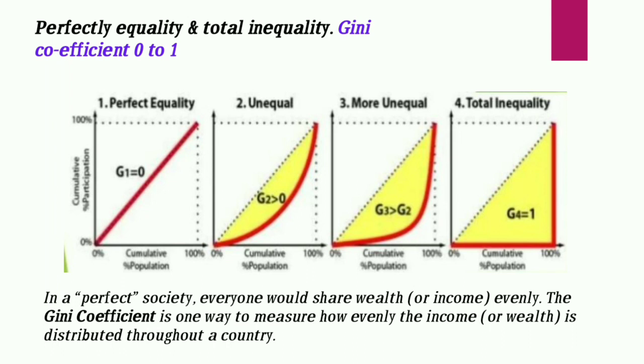The last one is total inequality, G4 is equal to 1. In a perfect society, everyone would share wealth or income evenly. The Gini coefficient is one way to measure how evenly the income or wealth is distributed throughout a country.